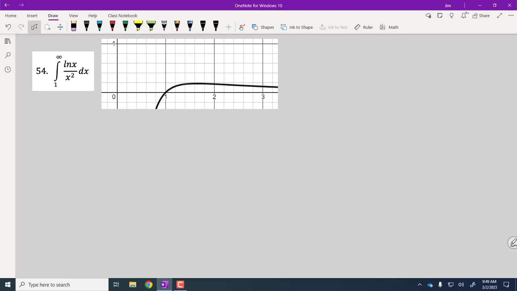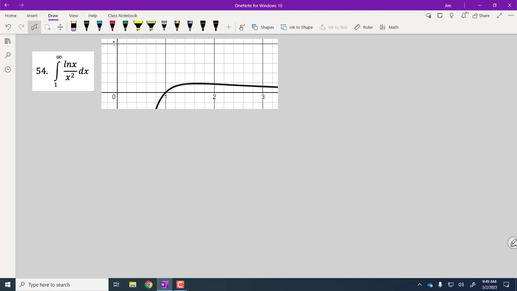So when we look at that denominator, if the natural log was not there, we know it would converge to 1. So the natural log in the numerator is growing towards infinity. There's a struggle between the x squared going to infinity and the natural log going to infinity.